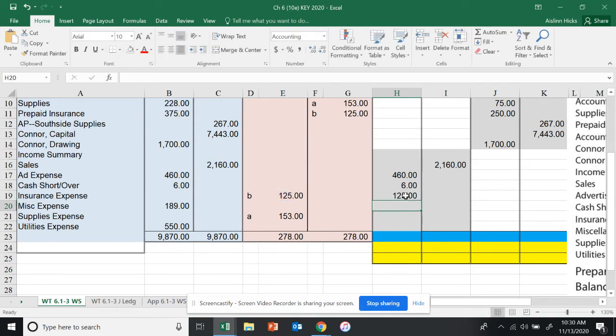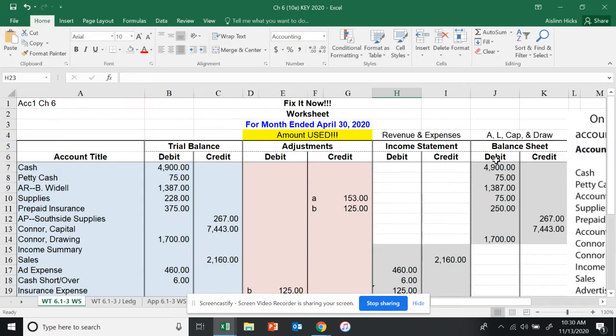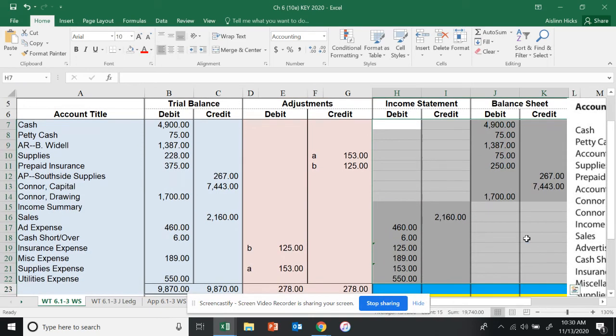Don't skip this one. Okay, awesome. All my numbers are carried over to either the balance sheet or the income statement, never both, okay? Don't put numbers in all of these areas here.